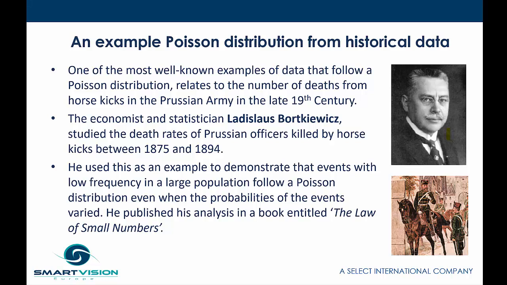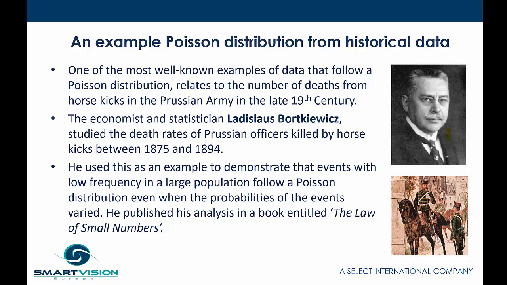One of the most notorious examples of data that follow a Poisson distribution relates to a famous data set from the 19th century concerned with deaths from horse kicks in the Prussian army. The person credited with bringing it to light was the economist and statistician Ladislaw Bortkiewicz, who studied the death rates of Prussian officers killed by horse kicks between 1875 and 1894.